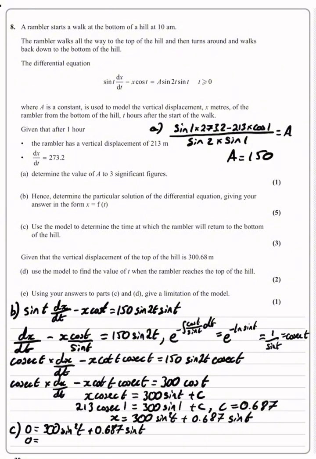Factorize out the sine t. And that tells us actually that the values of t will be 0 or pi within the range. And so I'm going to take, obviously, zeros at the start. So I'm going to take t to be pi, 3.141, etc.